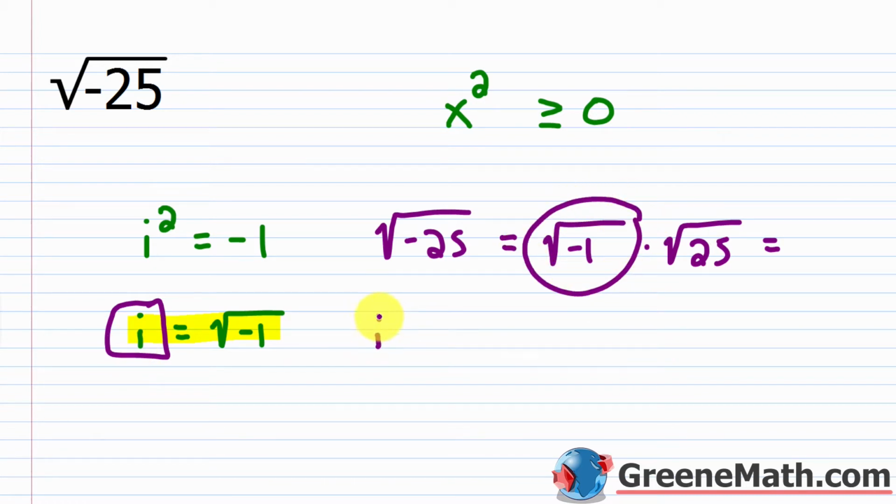So I will have i times the square root of 25. We know the principal square root of 25 is 5, so this is 5 times i. In this particular case, by using an imaginary unit i, I'm able to push past my restrictions with real numbers and get a solution. So the square root of negative 25 simplifies to 5i.